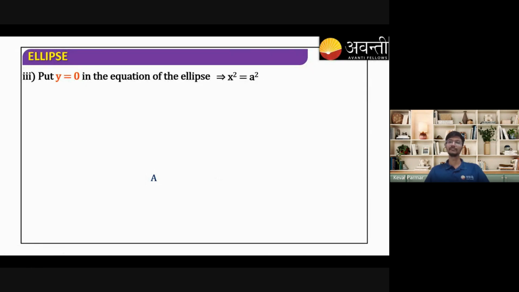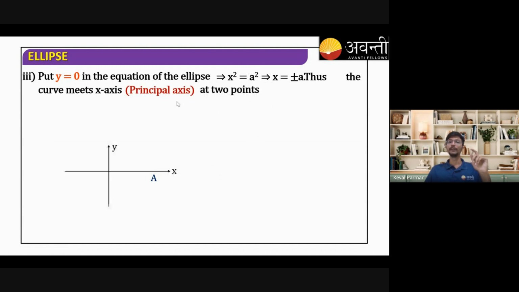From straight line, we know to find x-intercept, put y equals 0. So x square will be equal to a square, that means x equals plus minus a. These are the x-intercepts. The curve meets x-axis at 2 points, which are a comma 0 and minus a comma 0.